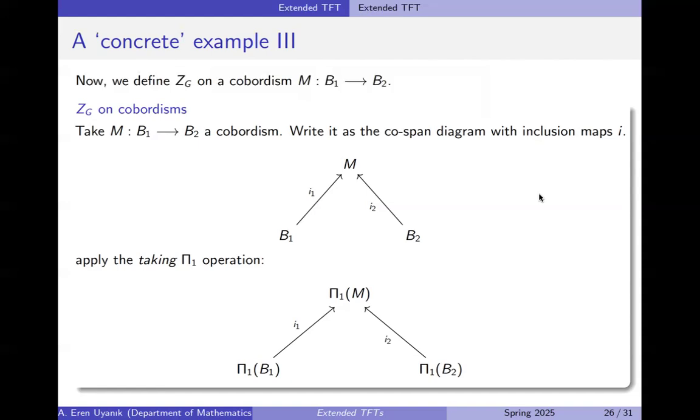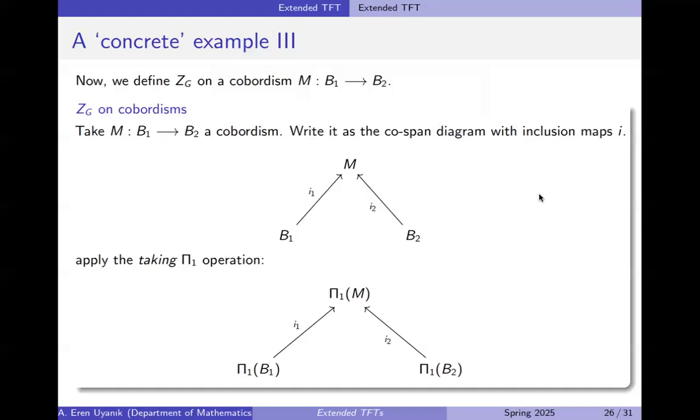It's just that points in M are objects, and paths between them are morphisms, homotopy classes of paths between them.